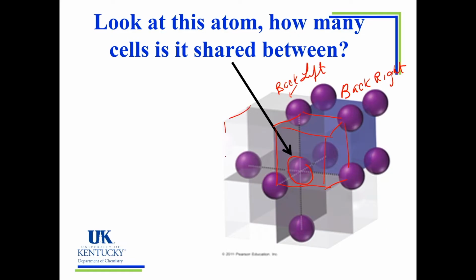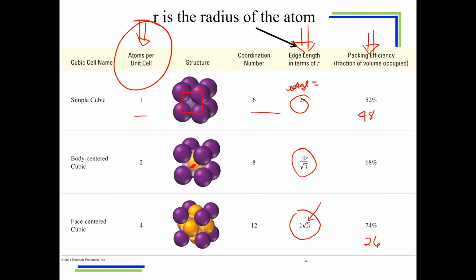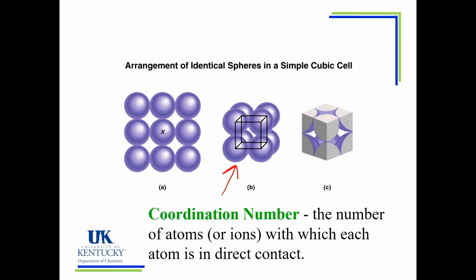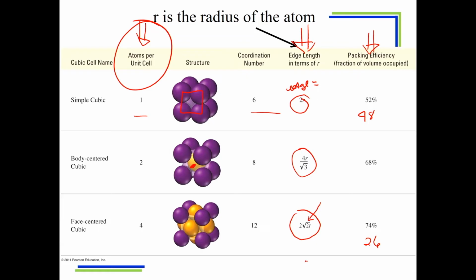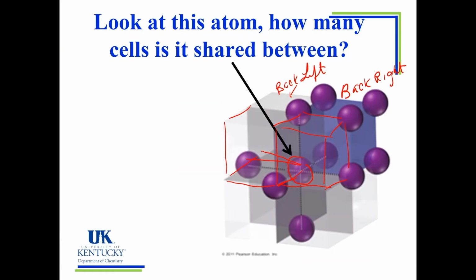In this front, coming back and along here, I don't know if I'm drawing that very well. Hang on a second. Oh, there it is. Okay, so if we just look at the top, there are 4 unit cells that atom right here is sitting in.